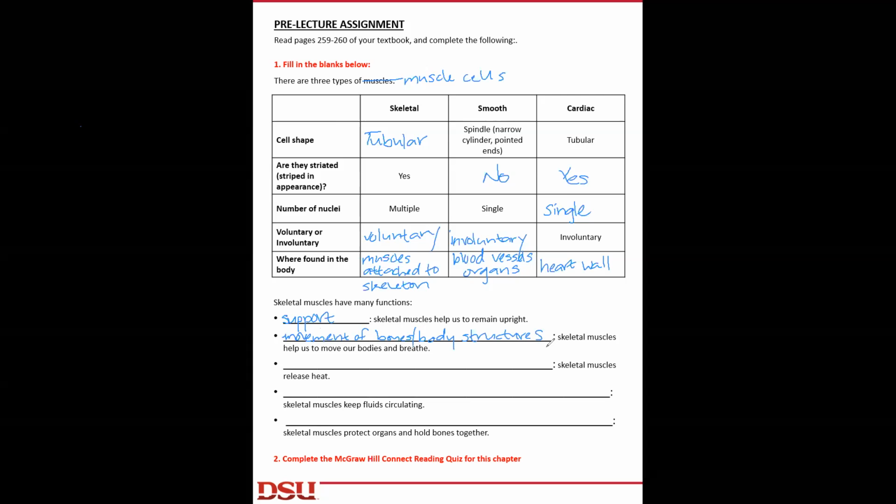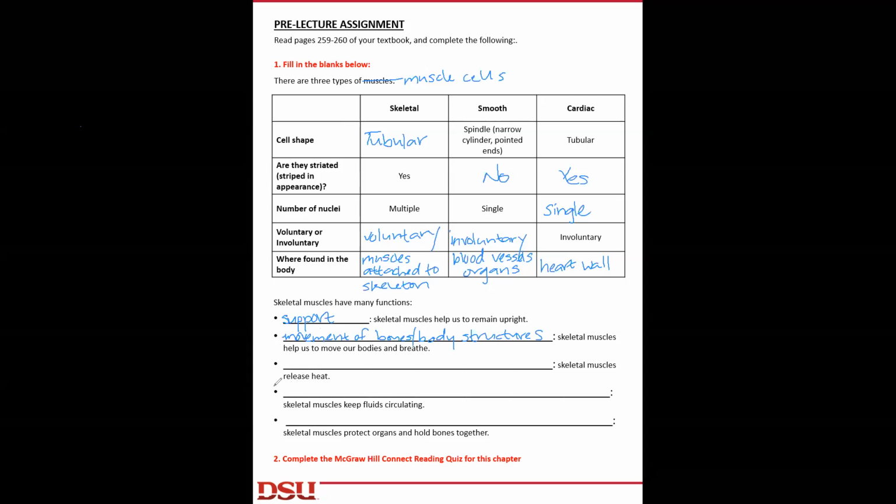So the skeletal muscles assist in smooth muscle processes like breathing, and then obviously moving at all is done by skeletal muscle because we have to choose to move.